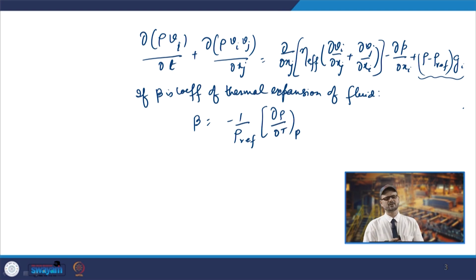That is the expression for beta, the thermal expansion of the fluid, at constant pressure.